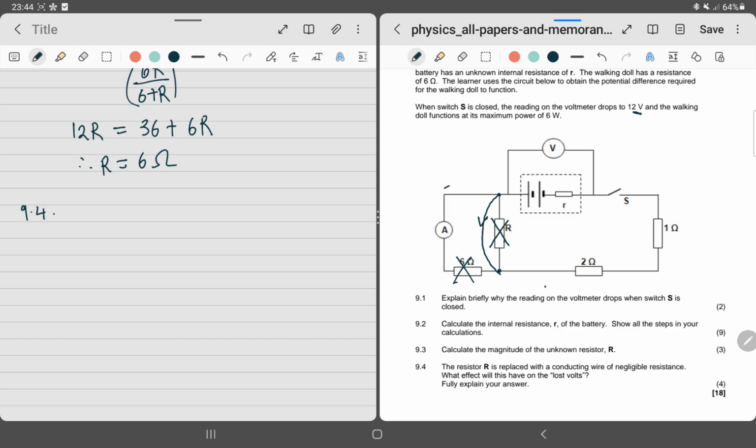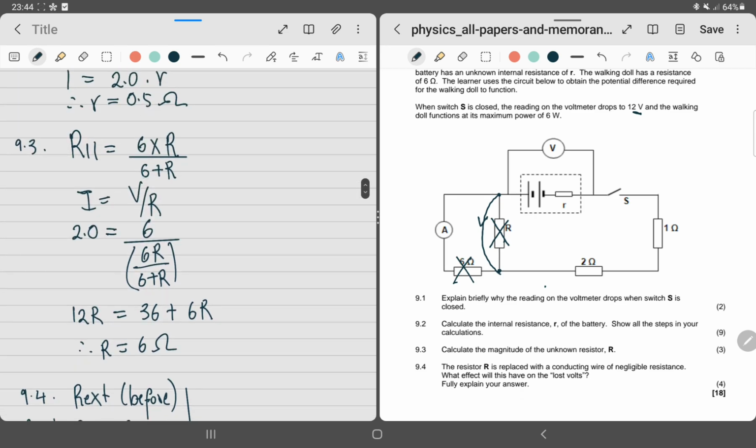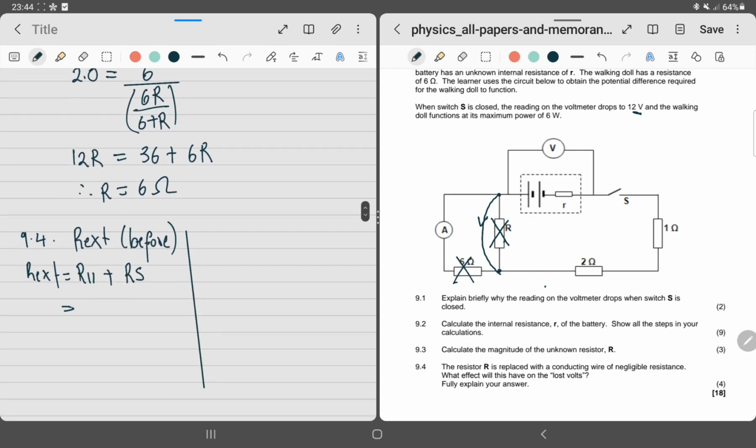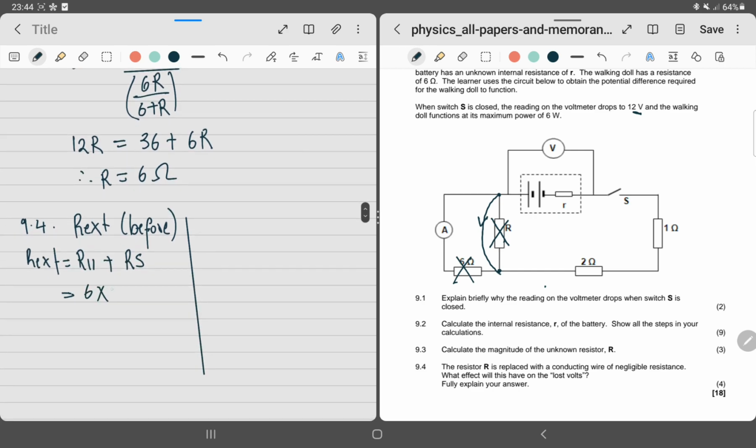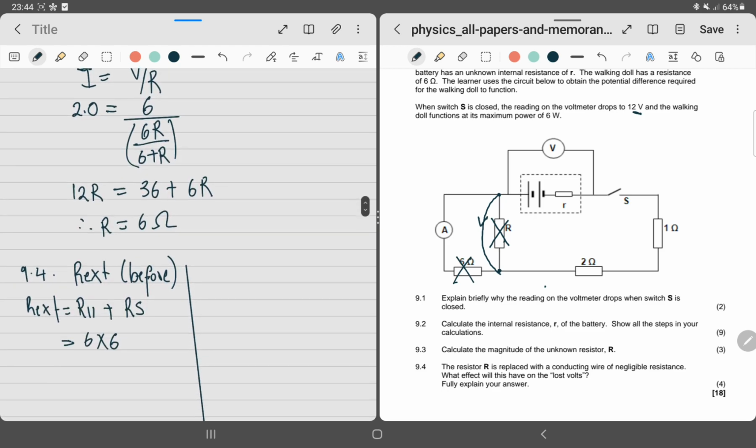So if we kill two resistors that are in parallel, it means that the R external will decrease. We can even check. So let's check R external. This was before we killed R. So R external should be equals to R parallel plus R series. Remember, R parallel is given by that. So it's 6 multiplied by 6 all over 6 plus 6.